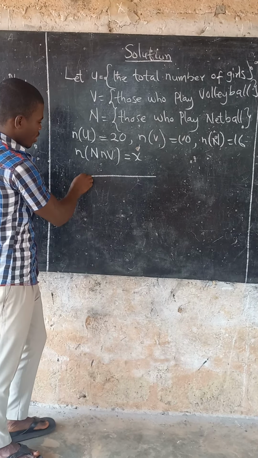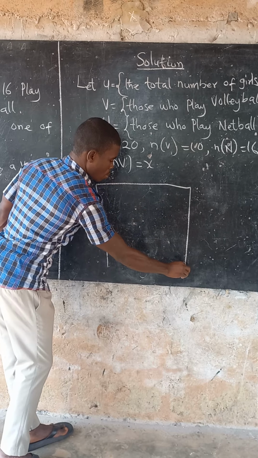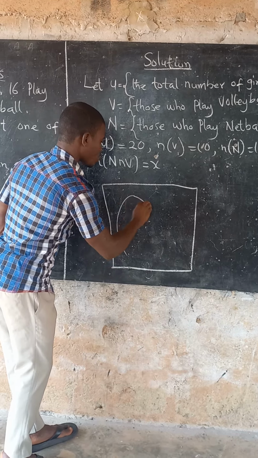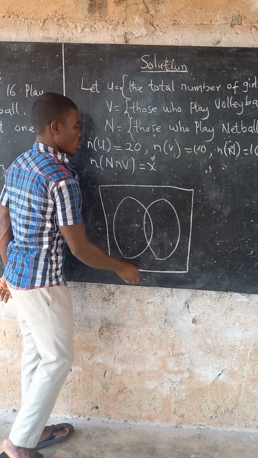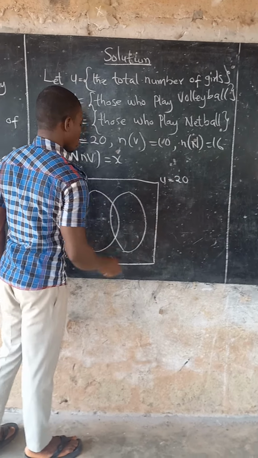So let's draw our Venn diagram. This is our U and it is 20.